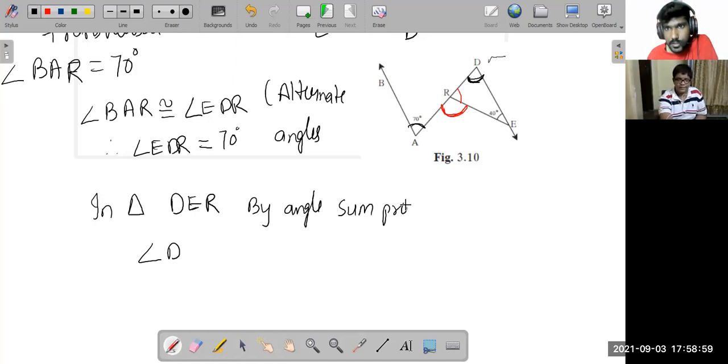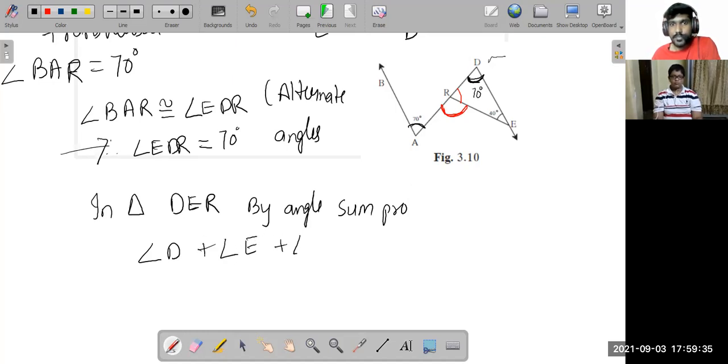Sir, which angles are 70 degrees? Angle A was 70 degrees, and I made angle D 70 degrees by the alternate interior angle test. Then I added 40 and 70. Yeah, correct. So angle D is 70 by alternate angle. Angle E is 40, given in the question, and angle DER we have to find out.